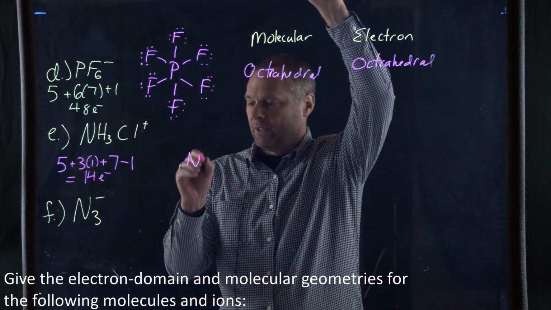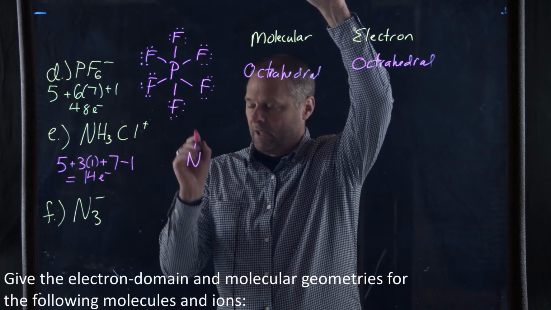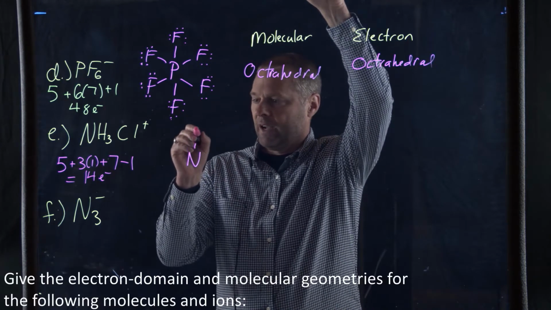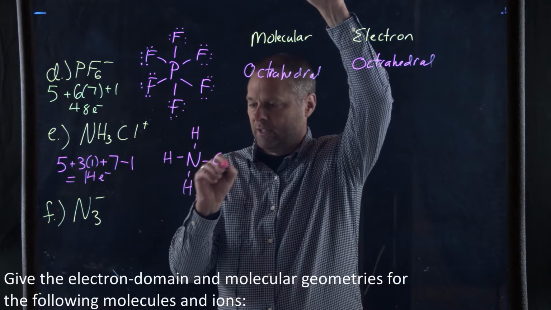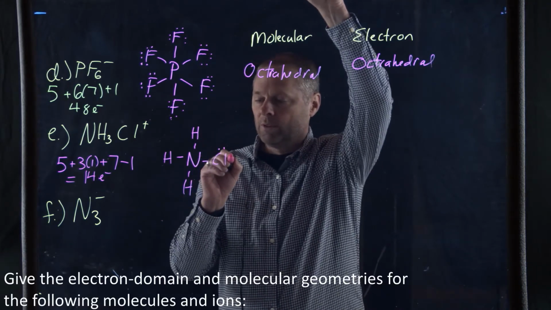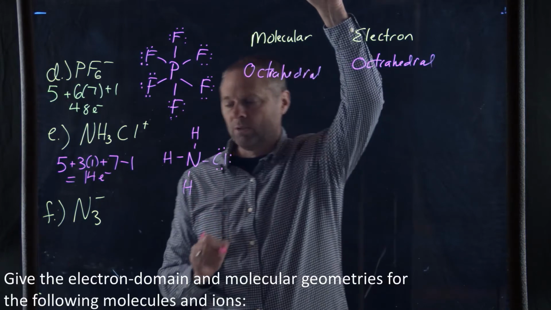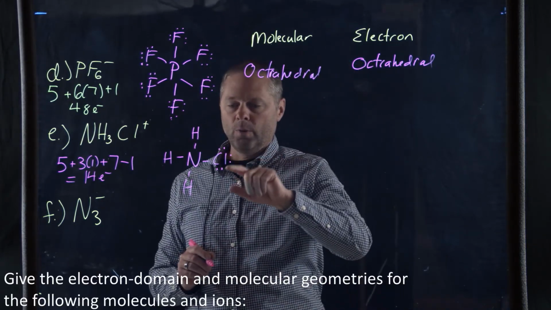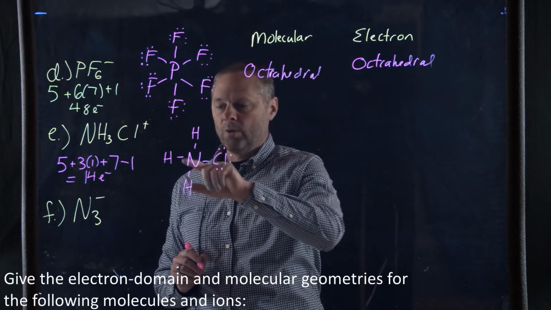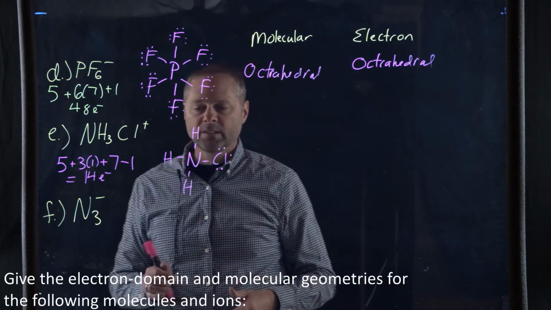And so we draw the nitrogen as the central one, and then this is going to have a hydrogen, a hydrogen, a hydrogen, and then this becomes a chloride. We put the lone pairs of electrons around the chloride. Now we can start counting the number of valence electrons. So we have 2, 4, 6, 8, 10, 12, 14. We now have 14 valence electrons.